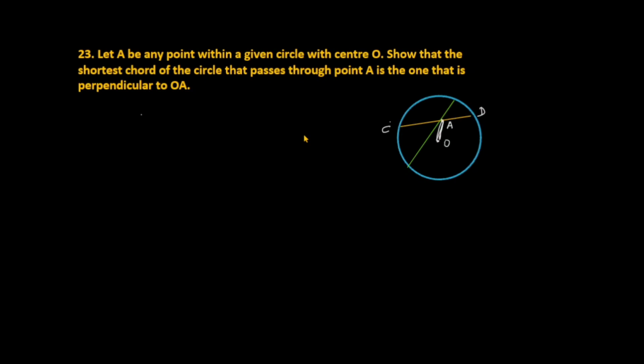If I am taking the chord PQ, that chord is also passing through A, but OA is not perpendicular to it. From O I am dropping a perpendicular, and this is R. OR is perpendicular to PQ. So let CD be the chord through A, and OA is perpendicular to CD.